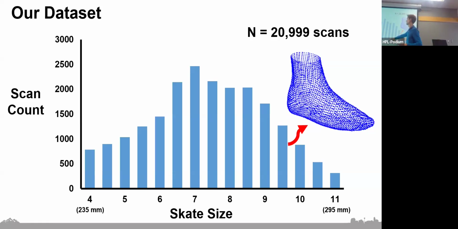This is the general adult population from size 7-ish up to size 11 or so, and that's why we have most of our individuals in this region. The intermediate skate sizes are 4 to 6, the teenage range, and the adult range is size 7 and up. So we actually do have a mostly adult population in the data set, but not for size 6.